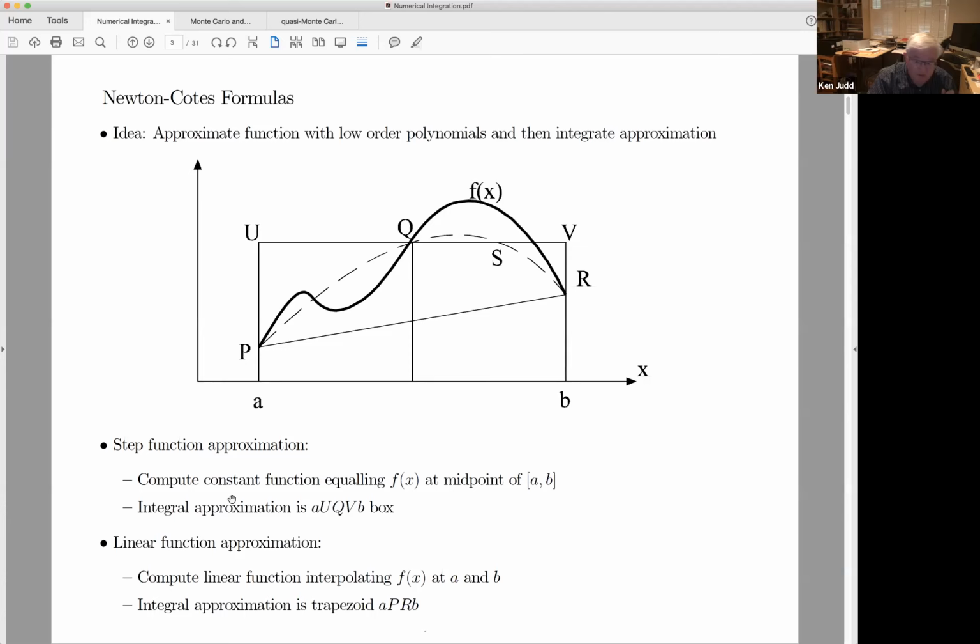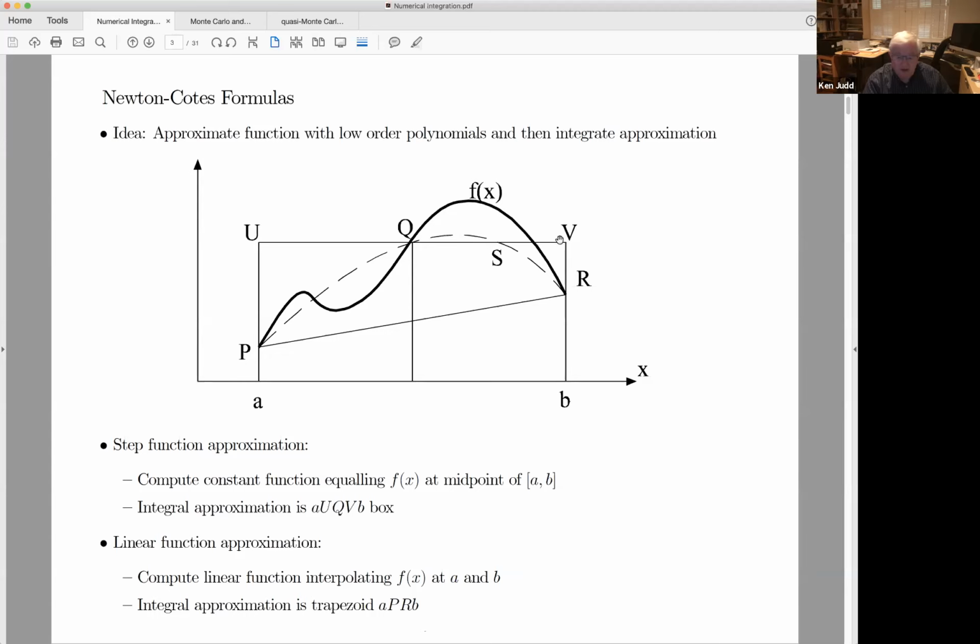There's another integral here. Now, another possibility here is to take the midpoint Q and then approximate the function over AB with the value of f at the midpoint. So this is just saying, well, I'm going to approximate the function f of x with this straight horizontal line.